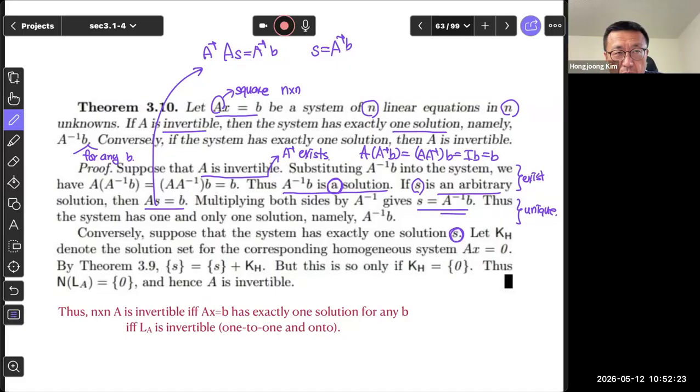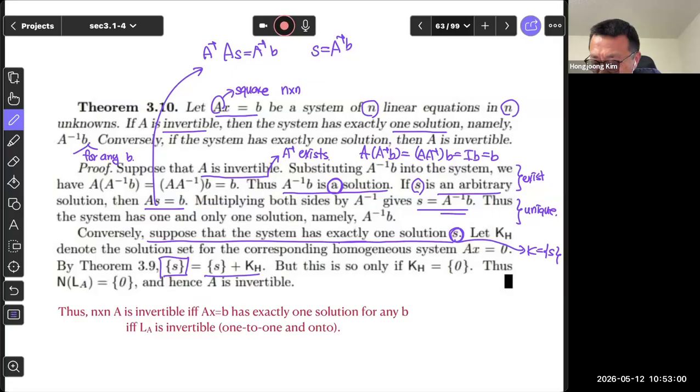Then by the previous theorem, K is the set S plus K sub H. Now since I assume that this problem has only one solution S, this line implies that K consists of only S. Then K, which consists of only one S, will be the same as this.